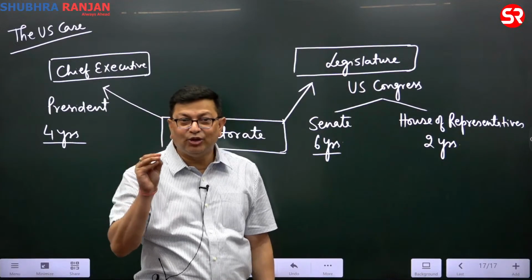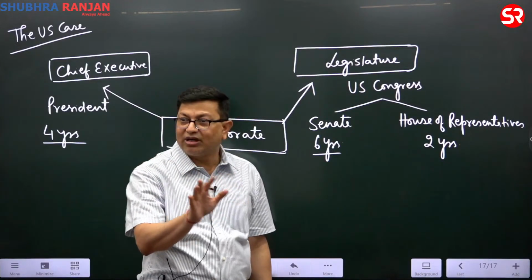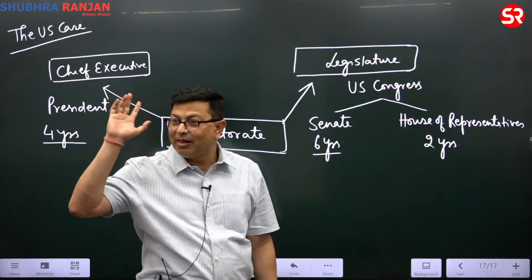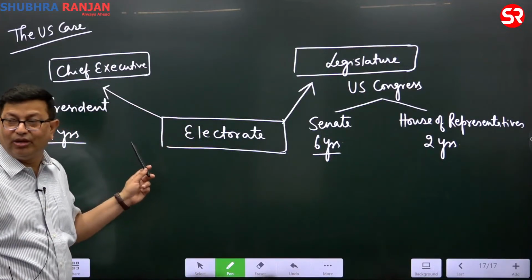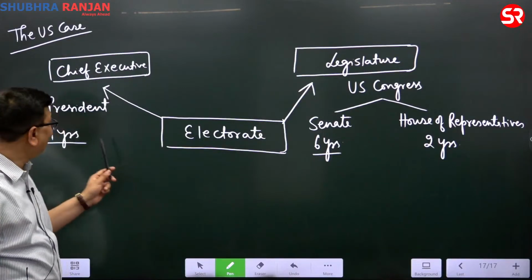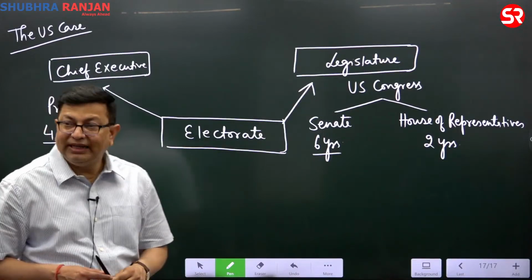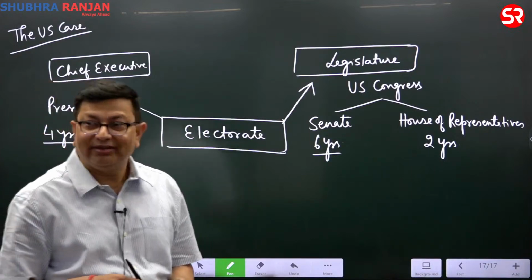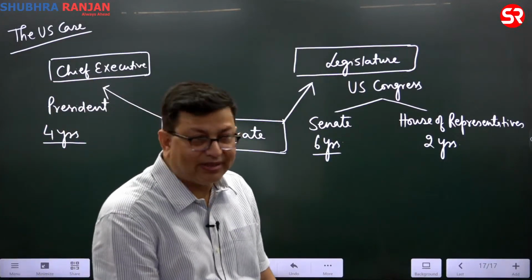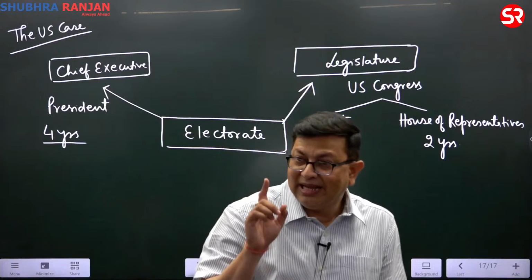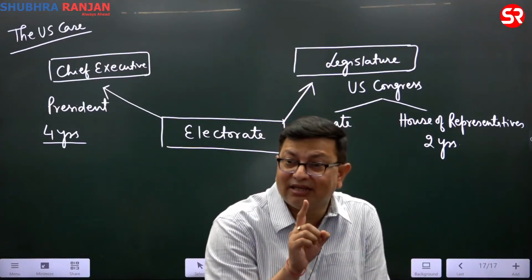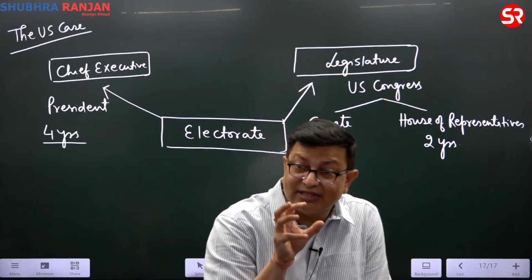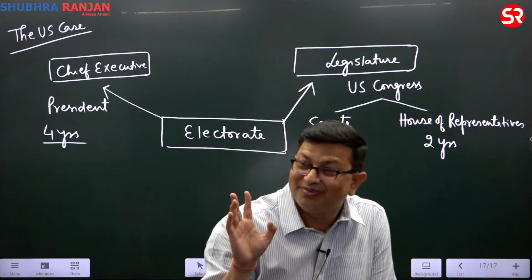In India, if you don't have a majority in the Lok Sabha, your government will no longer be there. But here, it is not the case. He is elected every 4 years. And after the American president is elected, he appoints persons of his choice as secretaries.